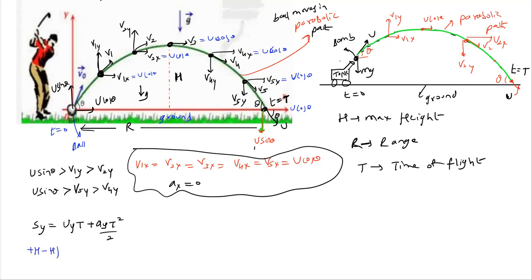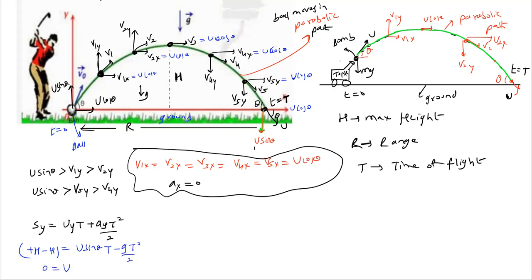Plus h minus h equal to u sine theta, that is the vertical component here, u sine theta, times t. What is the acceleration along the y-axis? It is g, no? And this g is acting opposite to u sine theta, so therefore we should take negative, minus g t square by 2.